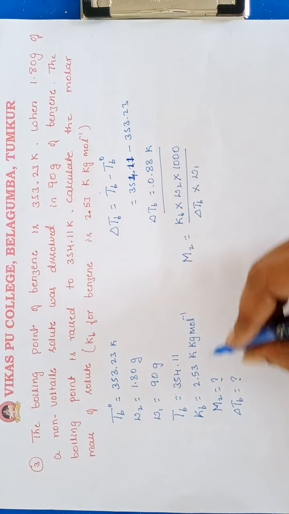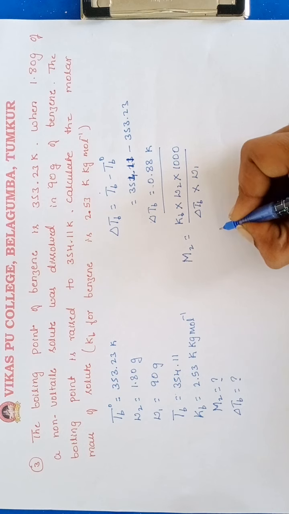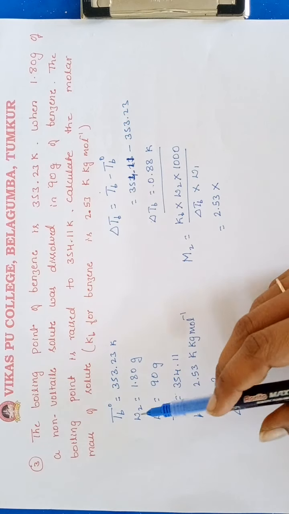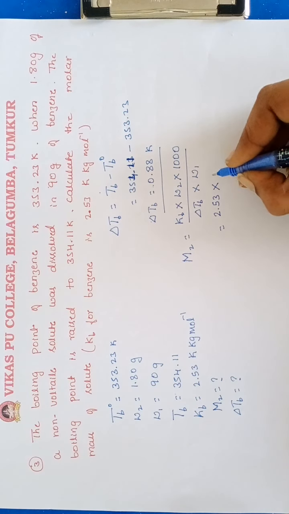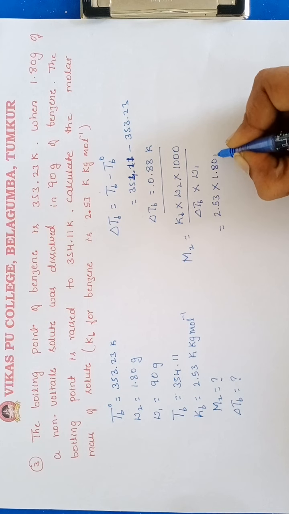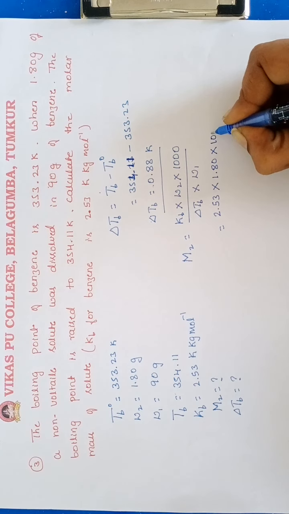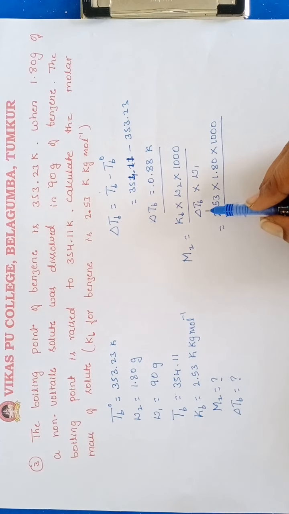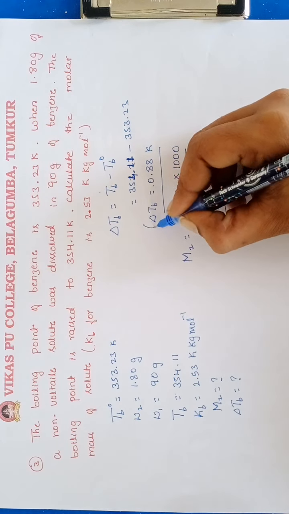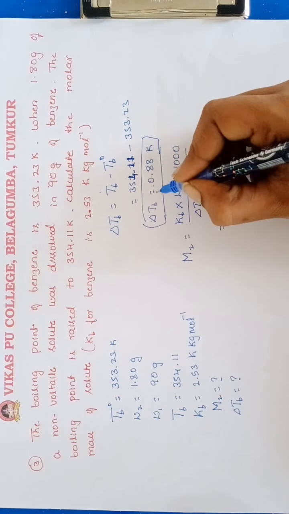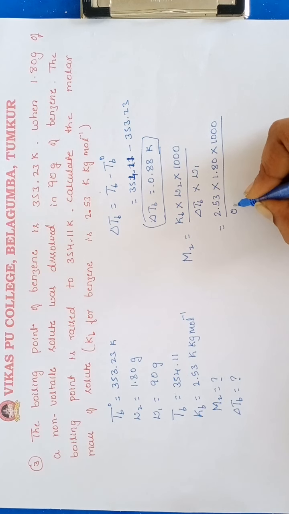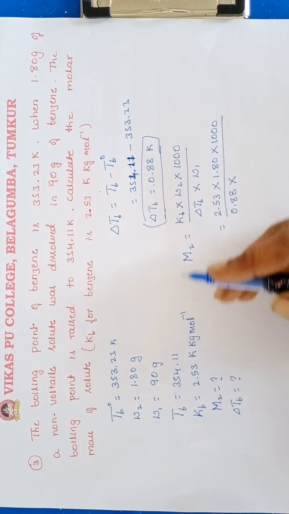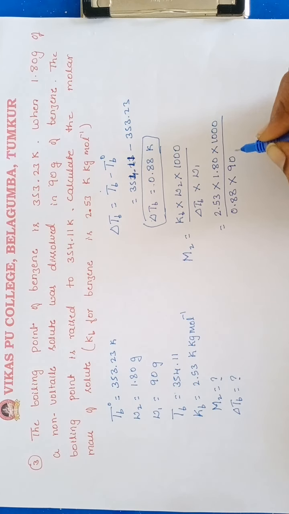Here Kb is given as 2.53. W2, the mass of the solute, is 1.80, into 1000, divided by the increase in the boiling point delta TB, which we calculated as 0.88, into the mass of the solvent W1, which is 90.